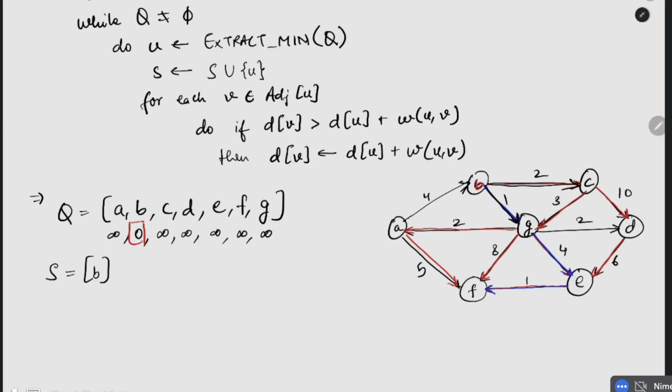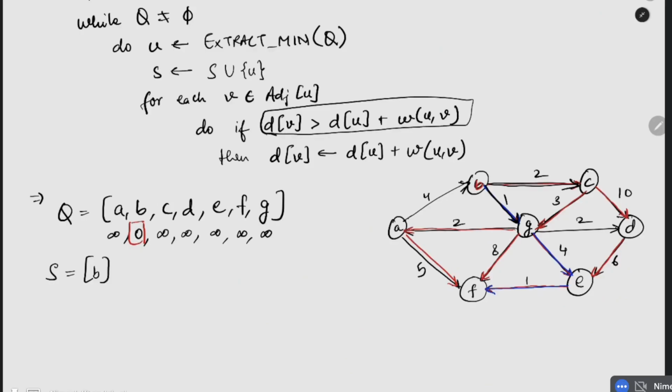So now again, we see that the value from B to G and B to C, right? If this condition is satisfied for G and C, right?